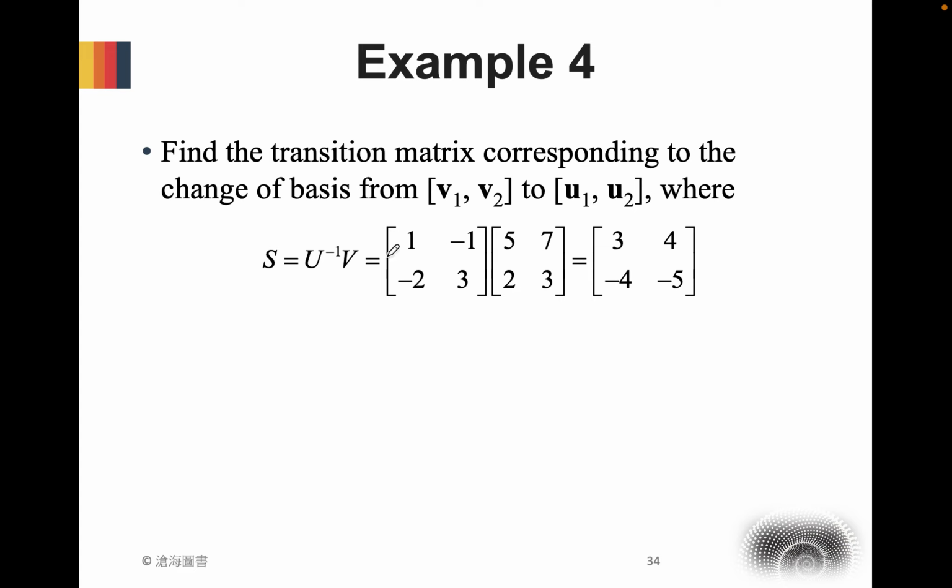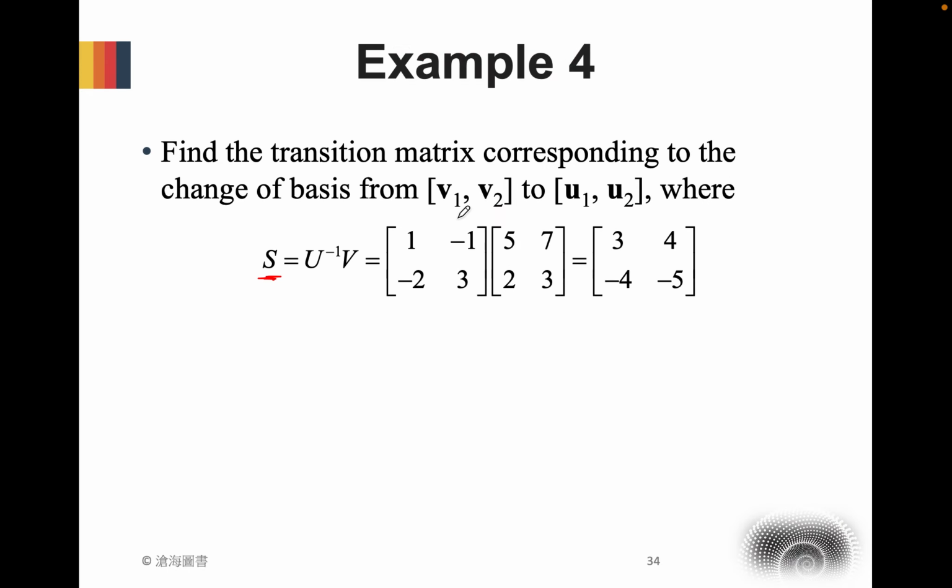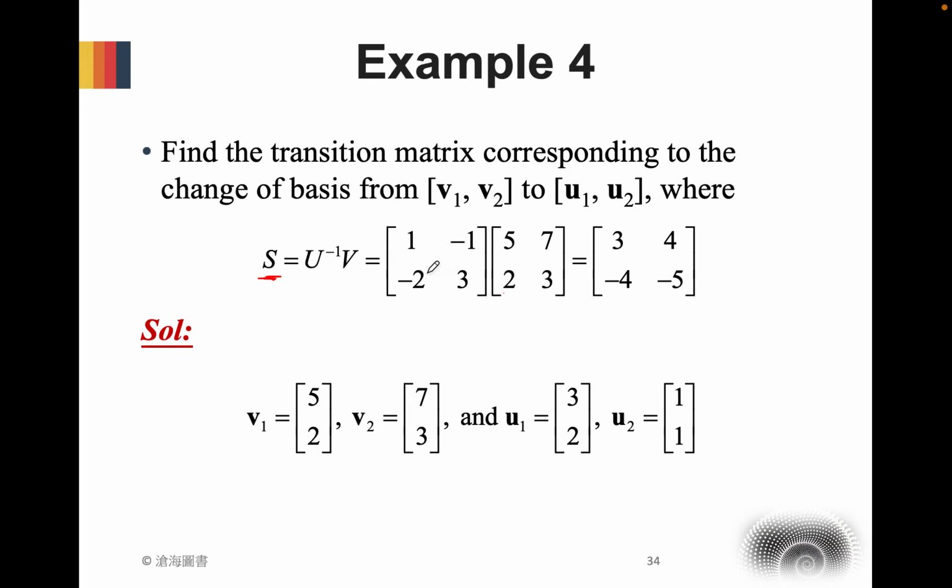Okay, so now we calculate the matrix S. That is equal to U inverse V. And V is 5 2 7 3. Okay, it just tells us that V is 5 2 7 3. Okay. And U is 3 2 1 1. Find the transition matrix.